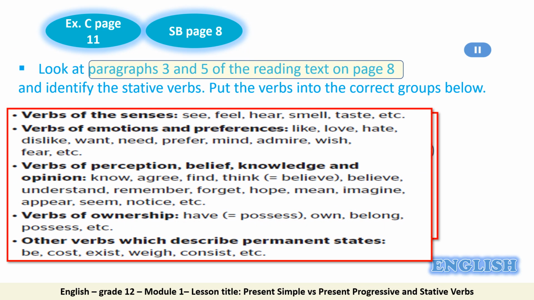Let's see the answers together. Which verbs are considered to be stative? Number 1, verbs of the senses. Number 2, verbs of emotions and preferences. 3, verbs of perception, belief, knowledge, and opinion. 4, verbs of ownership, together with other verbs which describe permanent states. And you have examples for all of them.